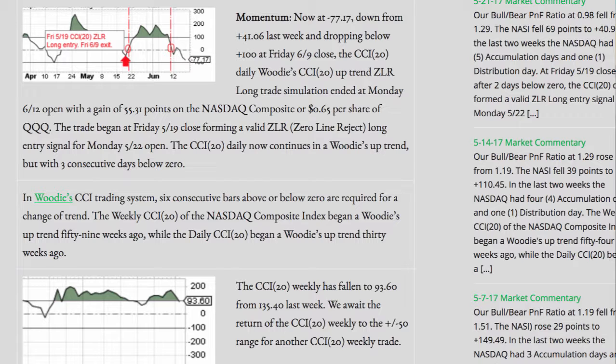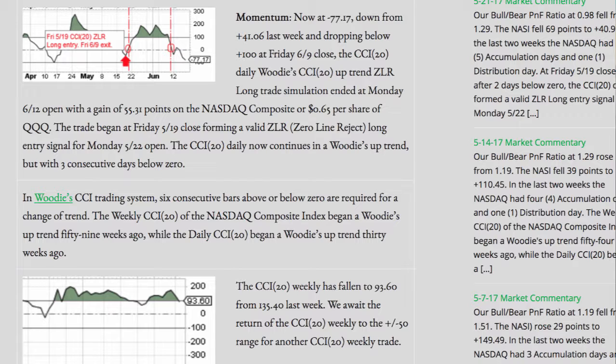The CCI 20 Daily Woody's CCI Uptrend Zero Line Reject Long Trade Simulation ended at Monday 6/12 open with a gain of 55.31 points on the Nasdaq Composite, or 65 cents per share of QQQ. The trade began at Friday 5/19 close, forming a valid Zero Line Reject Long Entry signal for Monday 5/22 open.